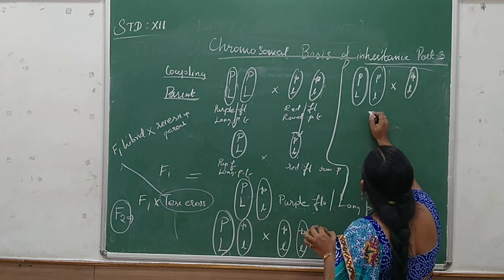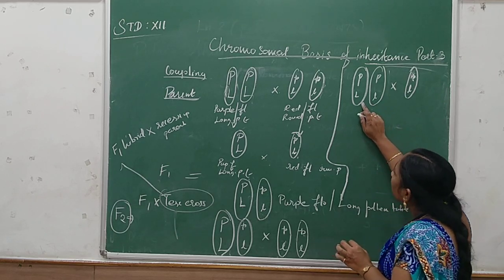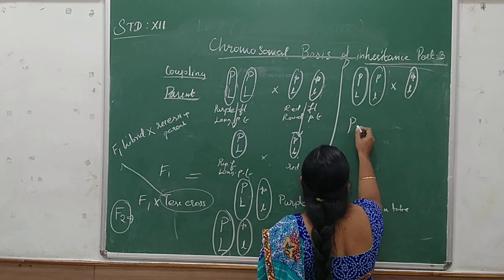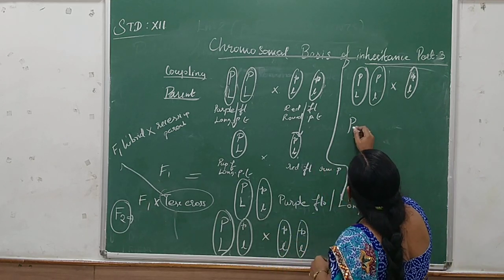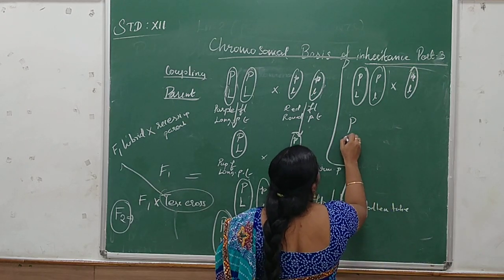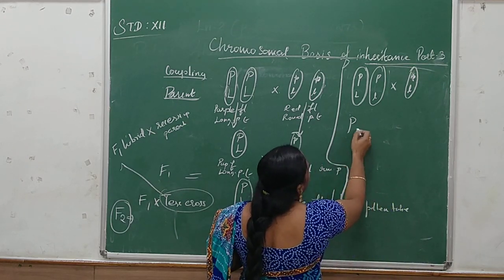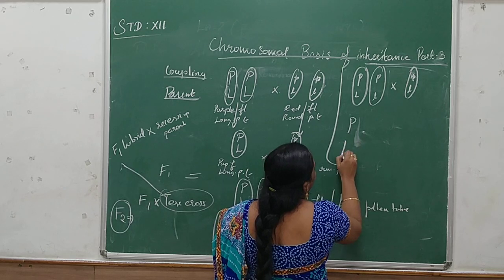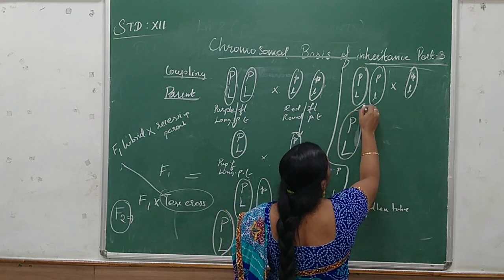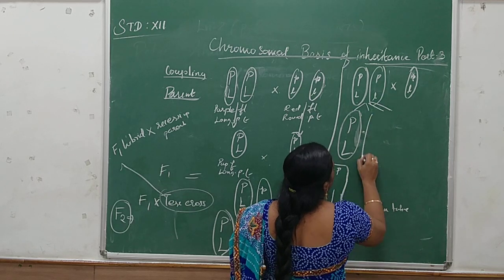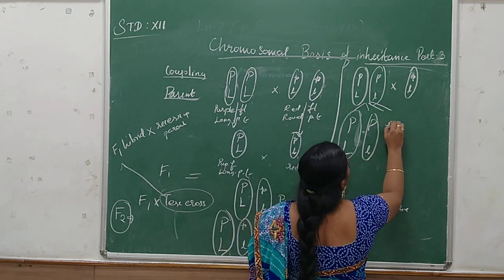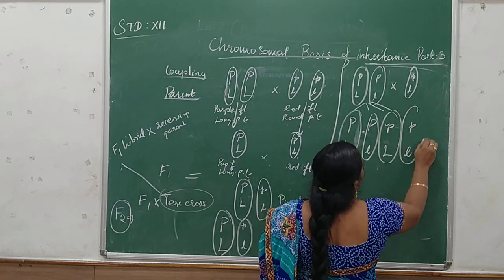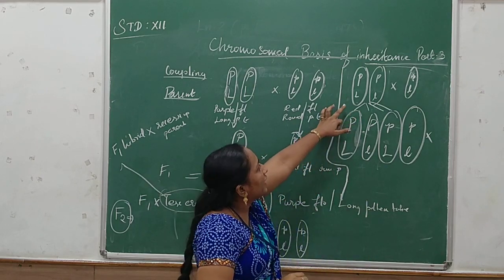From the F1 hybrid, four gametes are possible: capital P, capital L; capital P, small l; small p, capital L; and small p, small l.